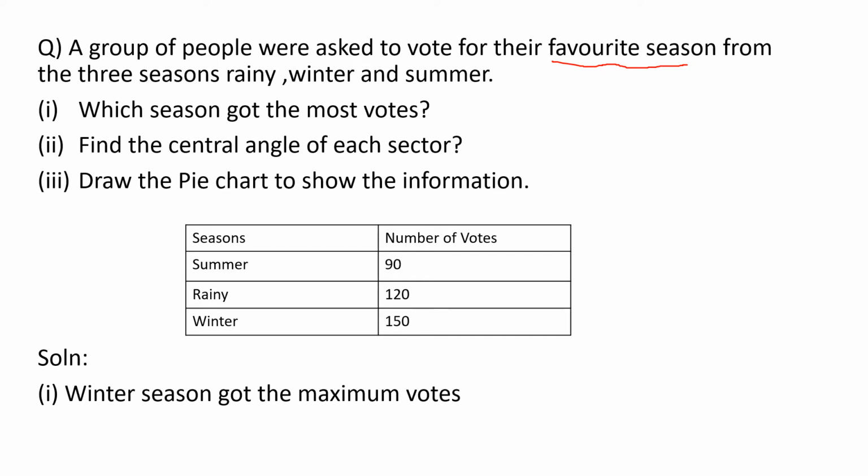That means which season has the greater number of votes. From this table, can you find which season has the most votes? Summer 90, rainy 120 and winter 150. So the winter season is liked most.